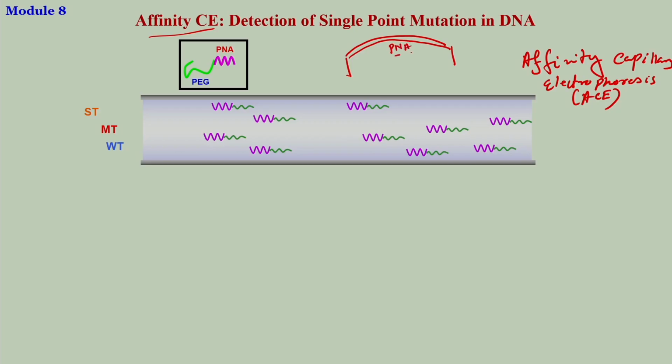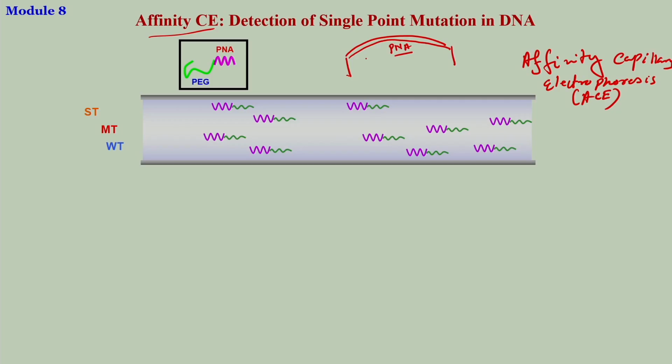PNA I will talk about later, just after this, in the next module. PNA is peptide nucleic acid. It is basically a probe. So, the capillary is now filled up with a probe. PNA is just like DNA basically. So, let us say it is a DNA, I will keep it PNA to make it different.